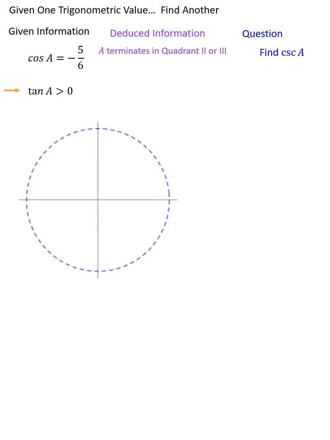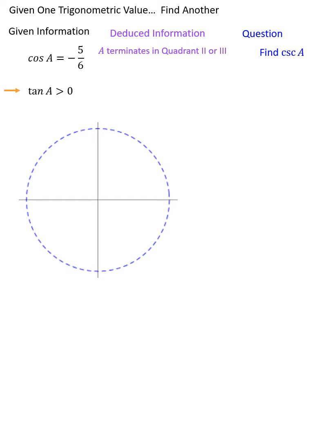We can use this information here, the fact that the tangent of A is greater than 0, to eliminate one of those two possibilities. So we're given that the tangent of A is greater than 0. Well, what numbers are greater than 0? Positive numbers are greater than 0, and therefore the tangent of A must be a positive number.